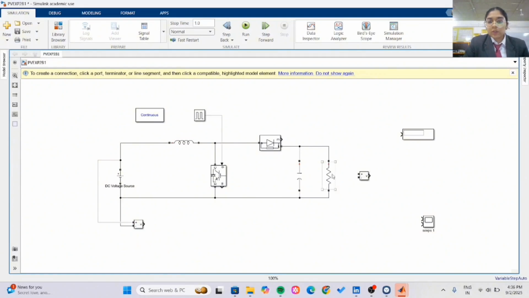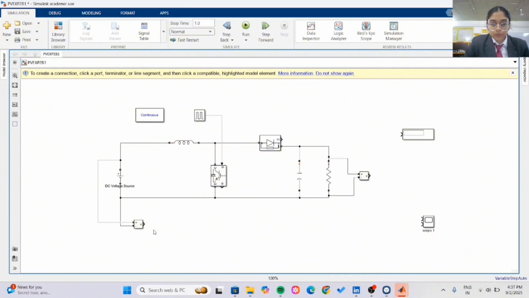Okay. So now we will connect these voltage sources also, that is the voltage measurement source, to our resistor. And here also. Okay. So now we will connect the display and the scope too.